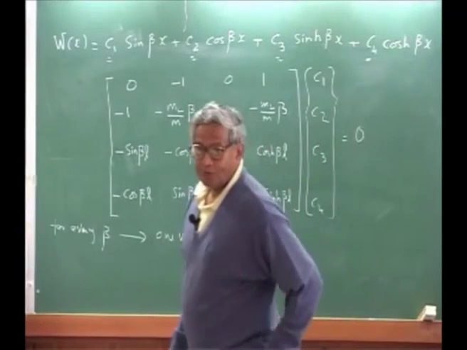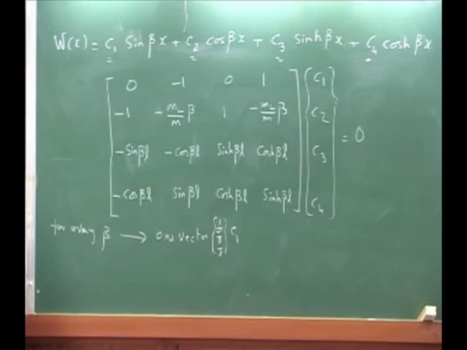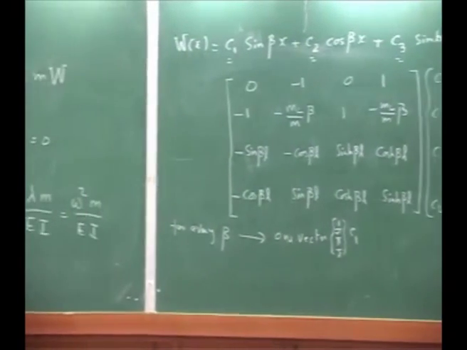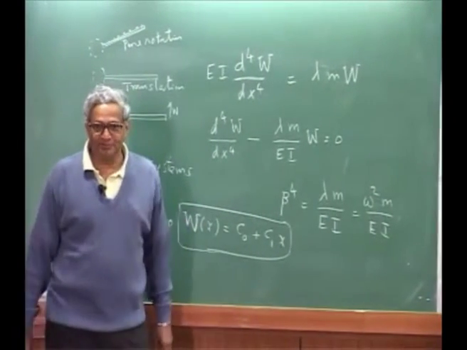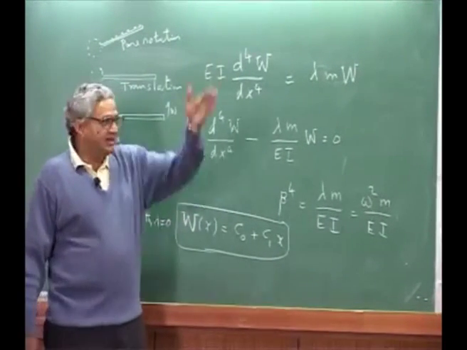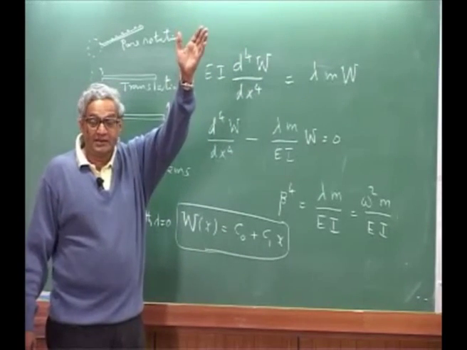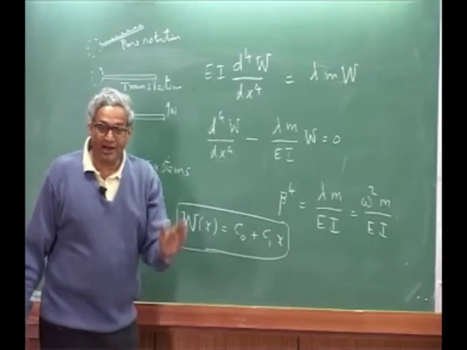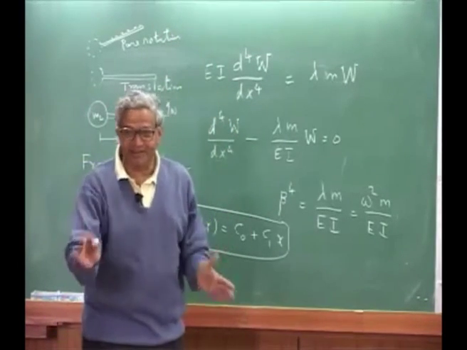Okay, now the question is what really happened in the actual system? That is the response problem. What we say now is the differential eigenvalue problem gives me a set of frequencies and a set of deformations, or you may call them shape functions or eigenfunctions.